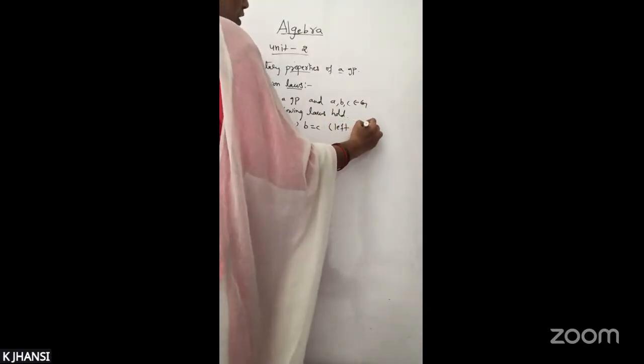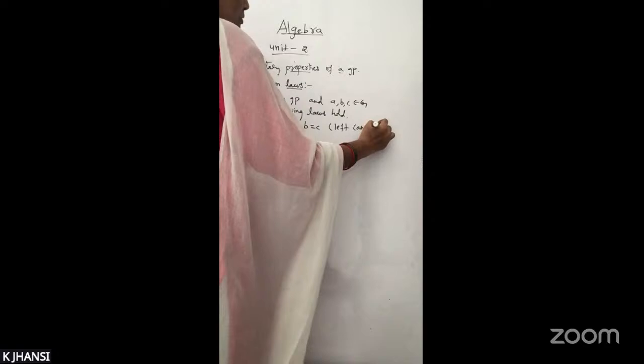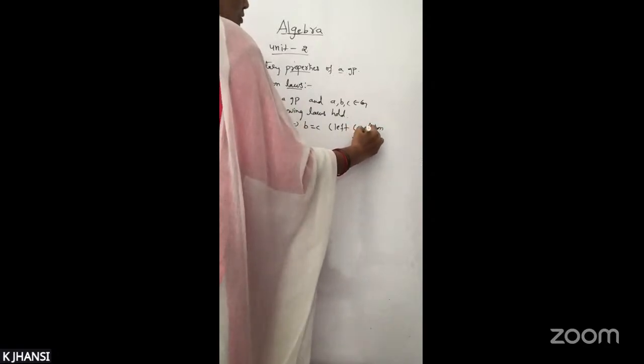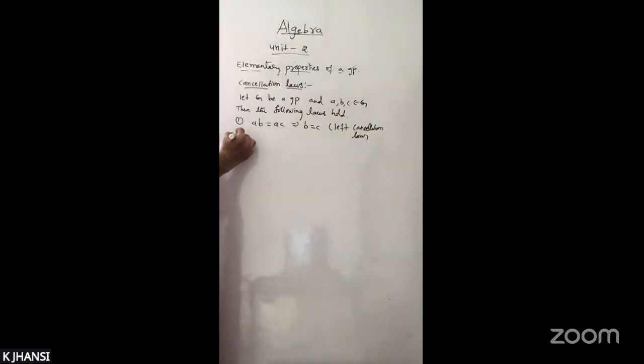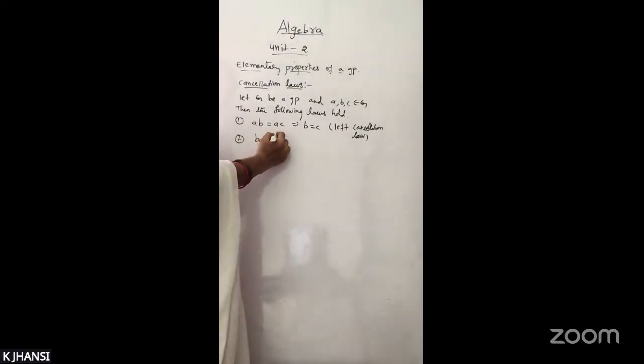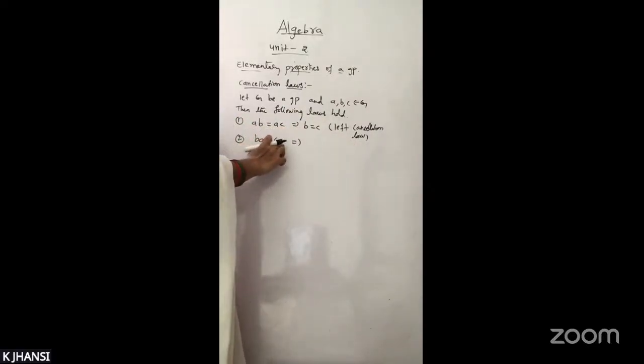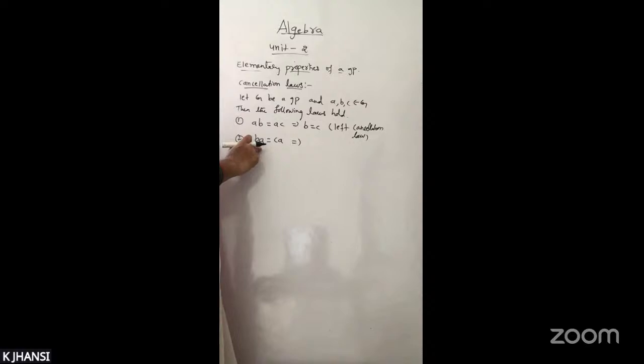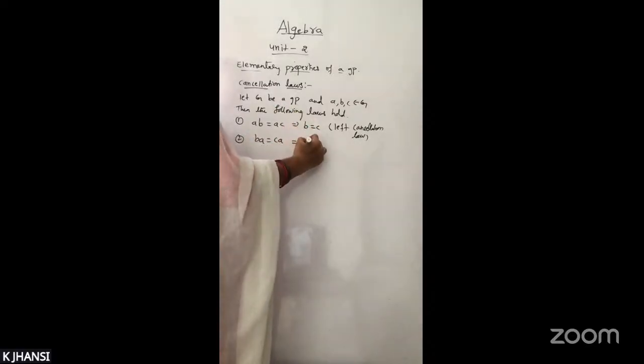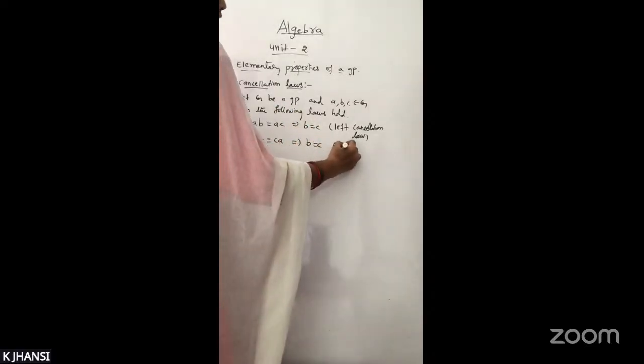Next, the right cancellation law is BA is equal to CA. Here A is on the right side, and here also A is on the right side. When you cancel this A on both sides on the right side, we call it the right cancellation law.